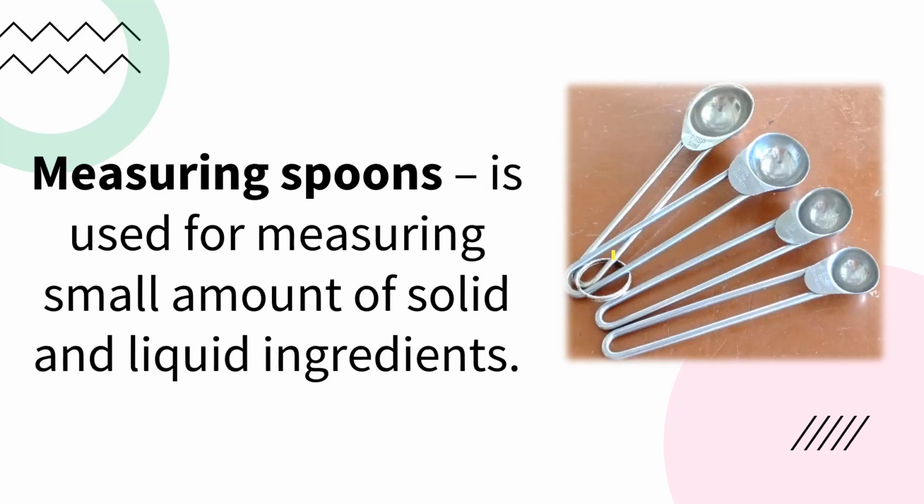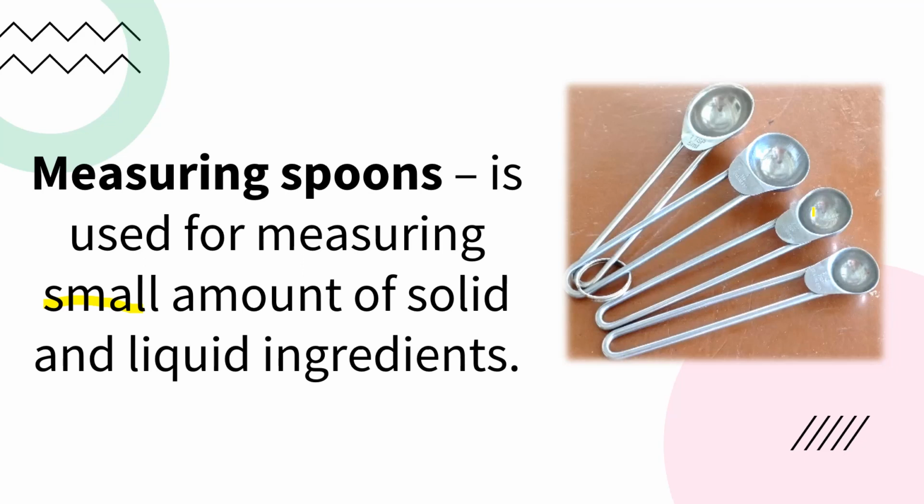And next, measuring spoon is used for measuring small amount of solid and liquid ingredients. So, pang maliitan lang daw to na amount. Pag maramihan, yung kanina, measuring cup. Pero pag mauntian, measuring spoon. So, gaya ng paminta, mga durog na sili.